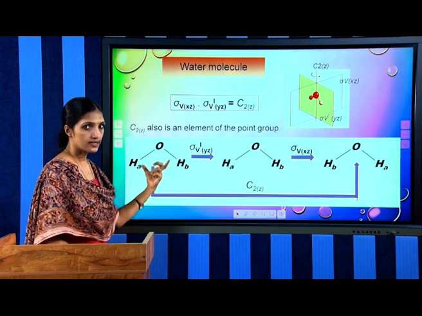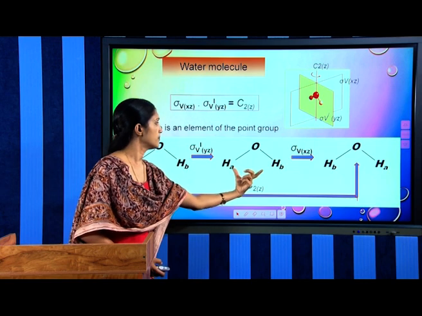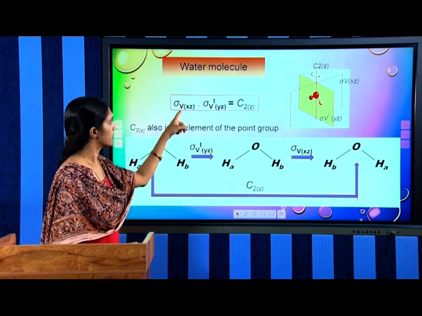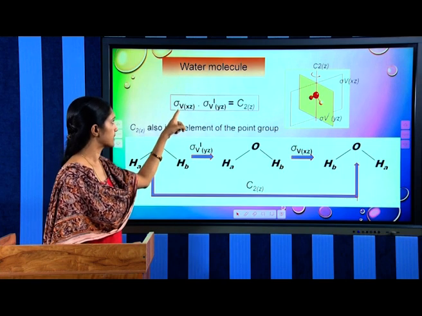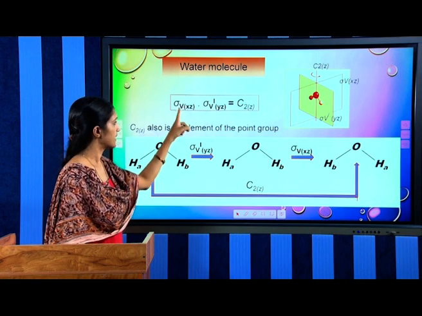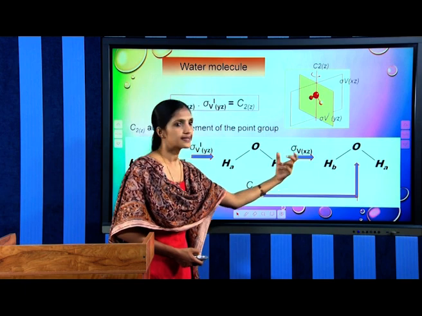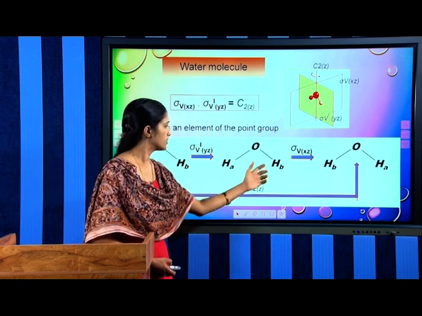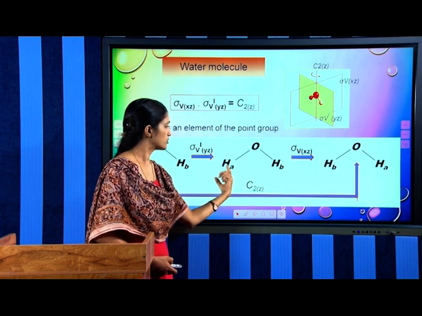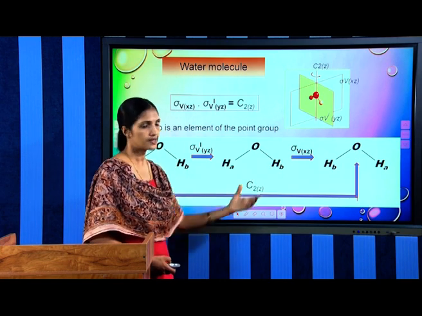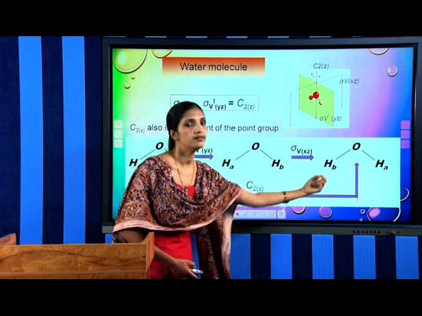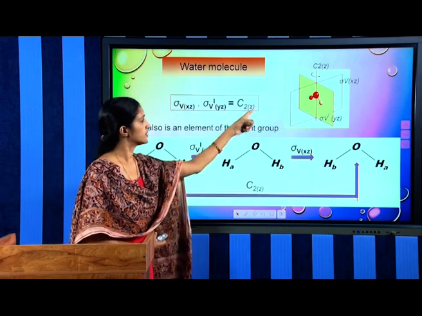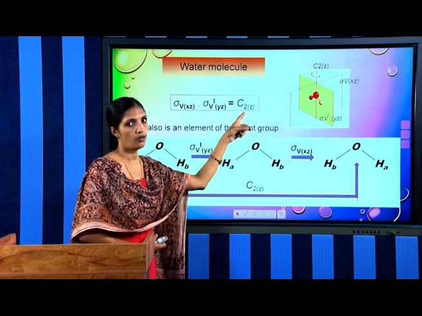So, it does nothing to the molecule and the same configuration repeats. After that we operate the second operation, sigma V x z, the plane bisecting the molecule. So, again HB goes to the place of HA and vice versa. So, this will be the result, and we have to check whether it is equal to C2Z alone.